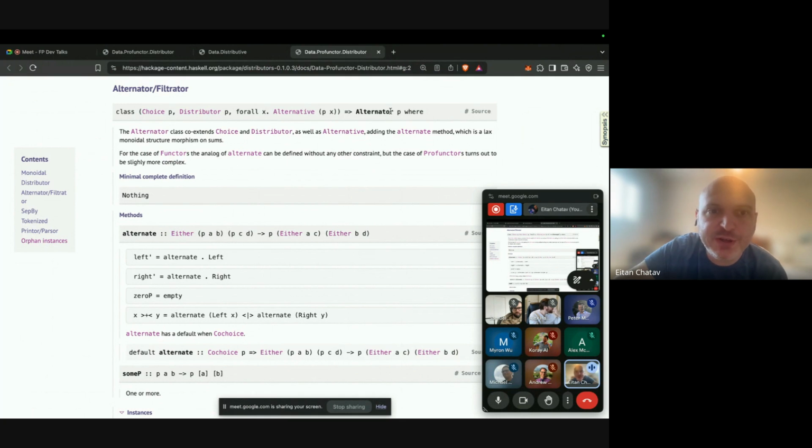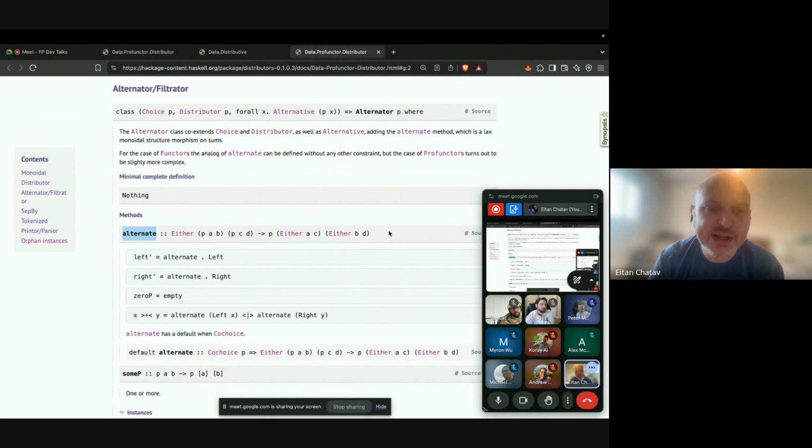So alternator, it's extending the choice class and the distributor class and alternative. And it's adding one method, alternate, which given an either P A B, P C D, gives us back a P, either A C, either B D. So this is our case of a lax monoidal profunctor from sums to sums.